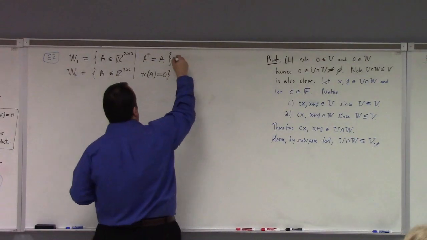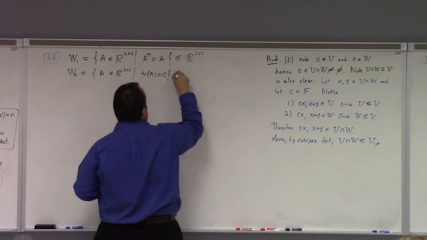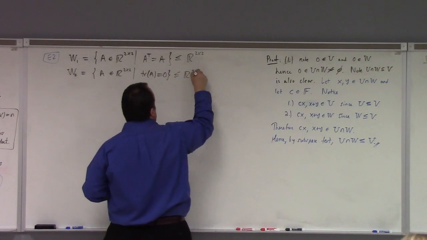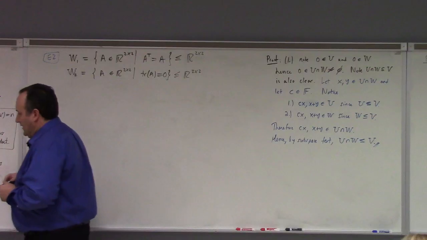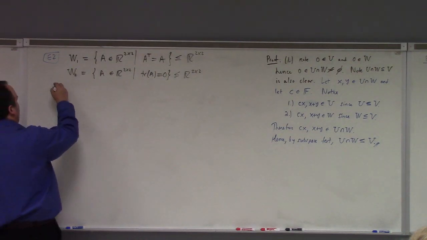Now, it turns out we can prove that both of these are, in fact, subspaces. All right? My question then is, what's the basis for the intersection? Okay, so find basis.